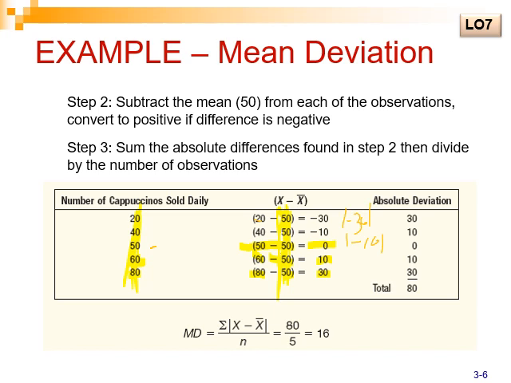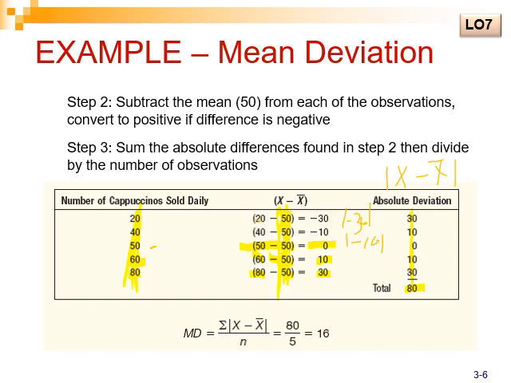Then adding up all the absolute values in this column, x minus x bar, we get 80.